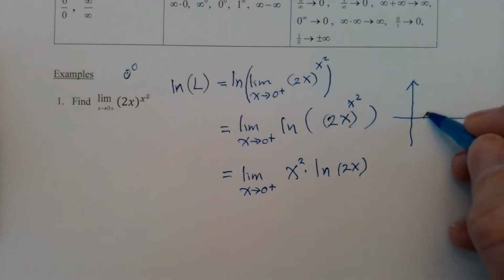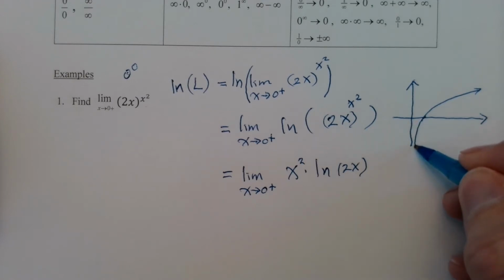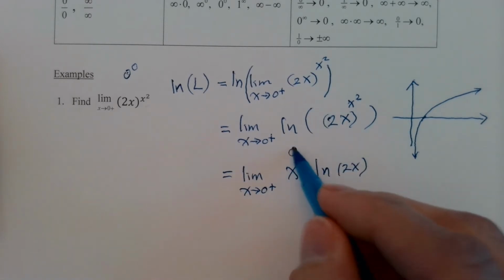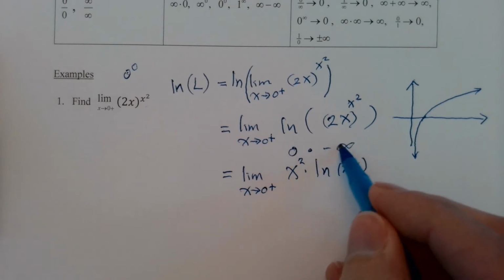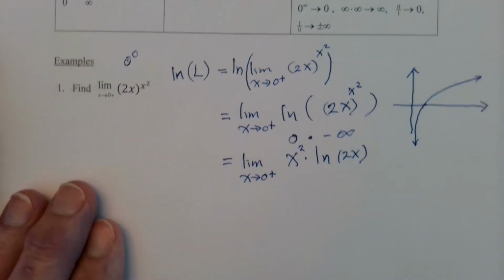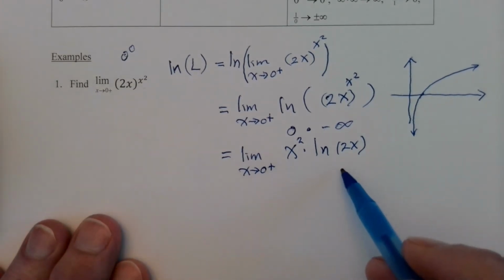It's got a domain of only positive numbers, and as x approaches 0 from the right, the natural log graph approaches negative infinity. So the form I have right now is 0 times negative infinity. We can make this into a L'Hopital form by just bringing x squared under here and using a negative exponent.